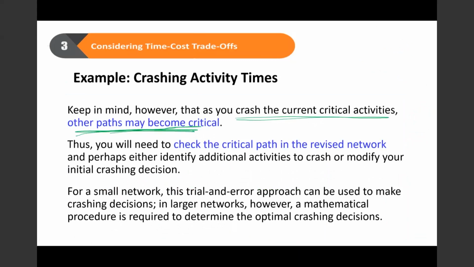There's always software that you can use to do that. But at the moment we are not worried about that in this course. Here, what we want to look at is really the concept of crashing.